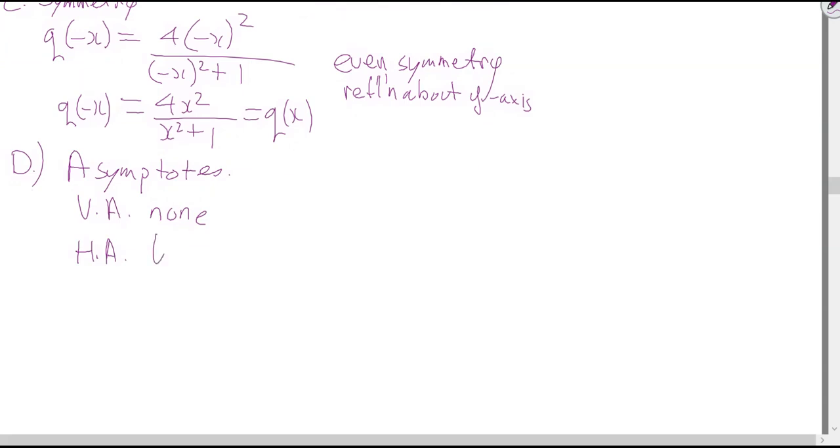So how do we do these horizontal asymptotes? What's that? Divide everything by the highest power of x? That should work.